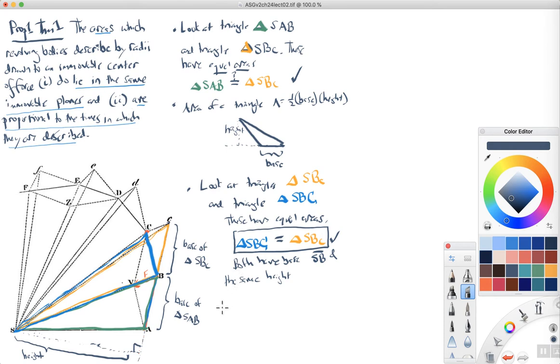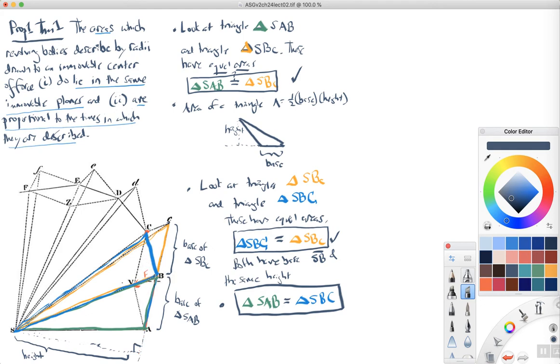In other words, since we've shown that the green and the yellow triangles have equal areas, and we've shown that the blue and the yellow triangles have equal areas, then by transitive property, you might say that the triangle SAB has the same area as triangle SB big C. So these two triangles have an equal area.